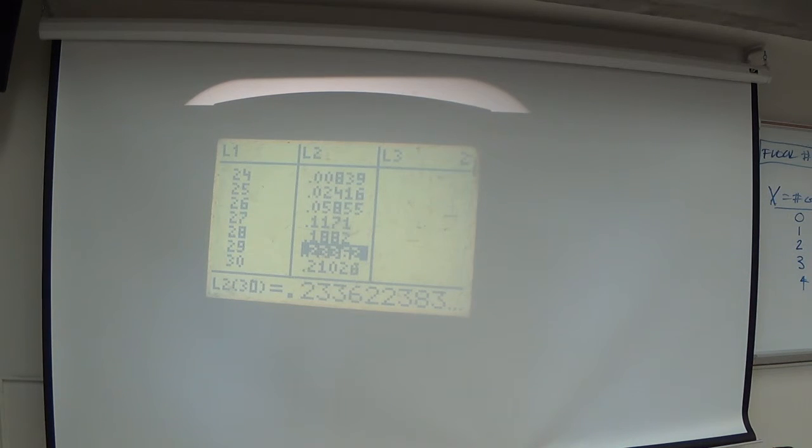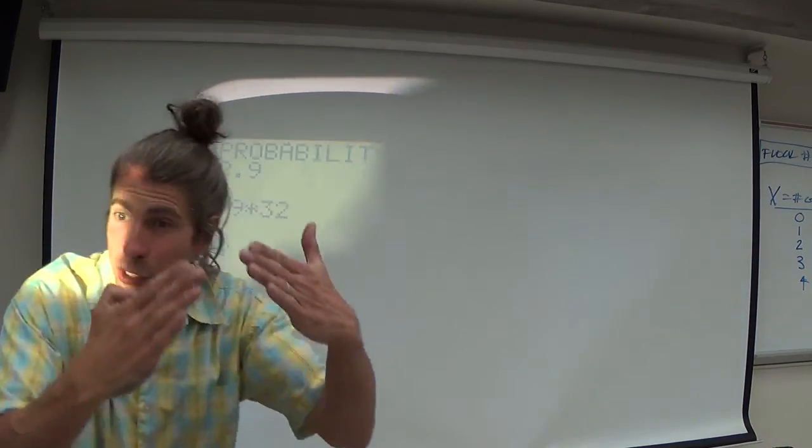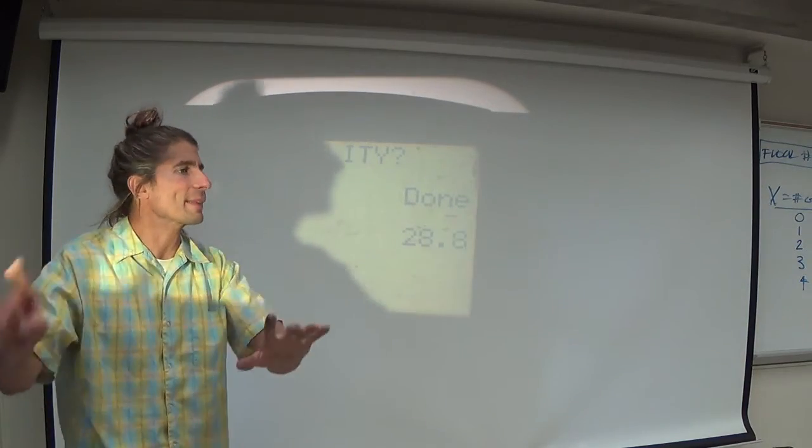Run the average. How many girls should you expect on average? 0.9 times 32. Rounds to 29, not 30. The average is closer to 29 than 30. So the biggest probability points to the average as well. Fair? Fair-ish. We'll come back to that on Wednesday.